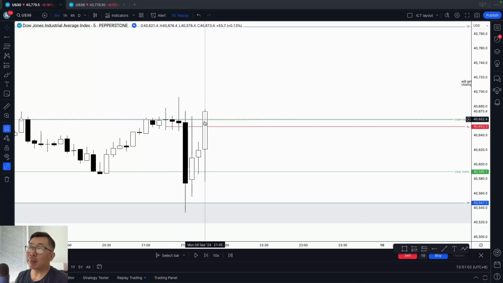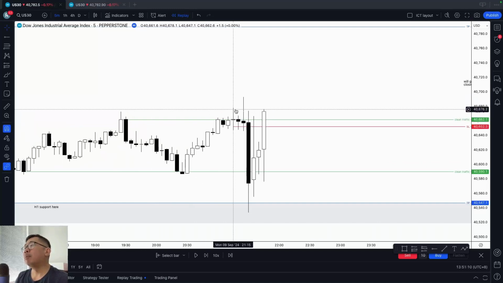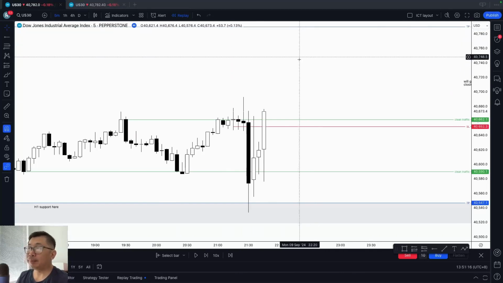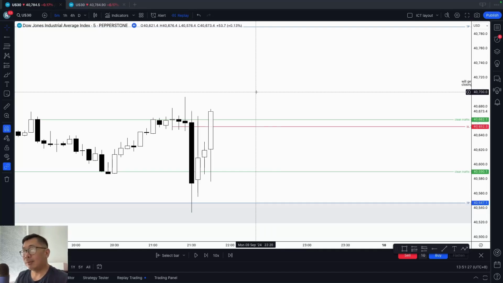So I was expecting price to close above the clean trendline, above the 5 minute resistance, to look something like this, which would let me catch a buy and take it all the way up there. But again, it was nothing to do with the system. I think the strategy got it right. The trader, the user, made a mistake.